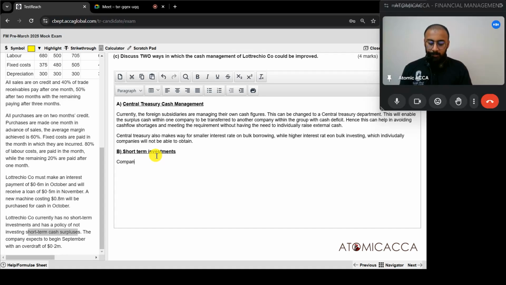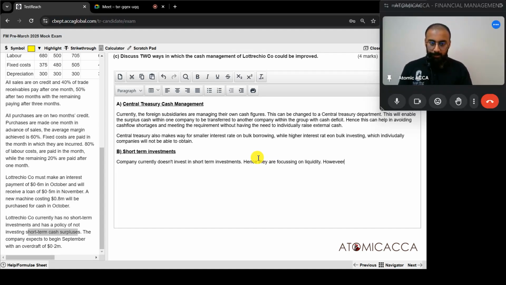So company currently doesn't invest in short term investments, hence they are focusing on liquidity.